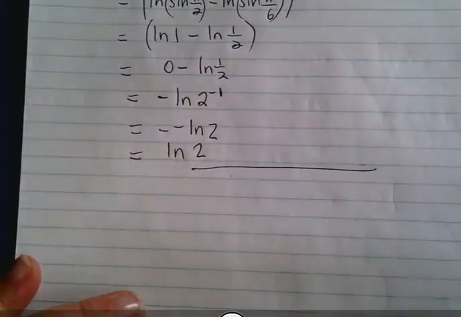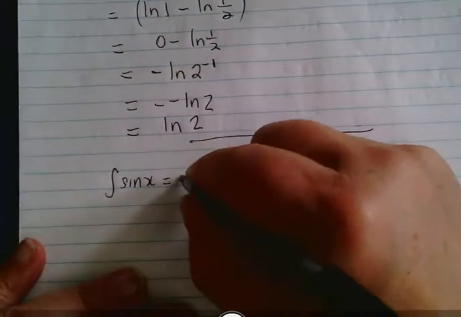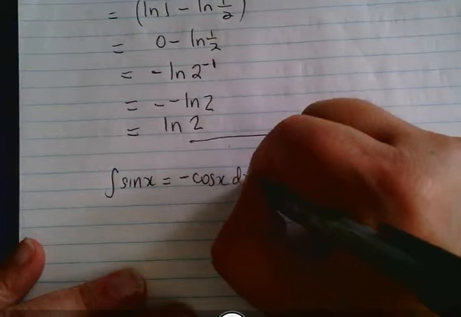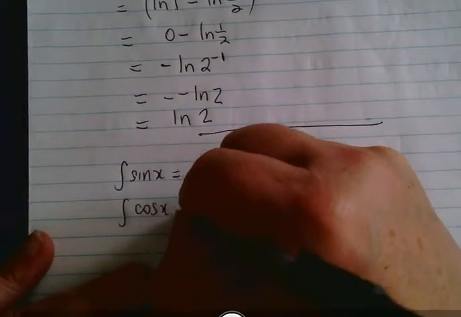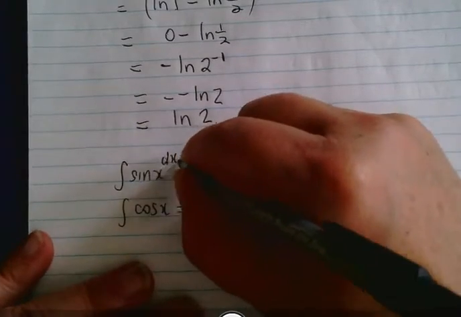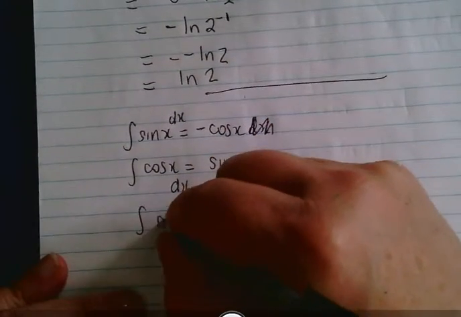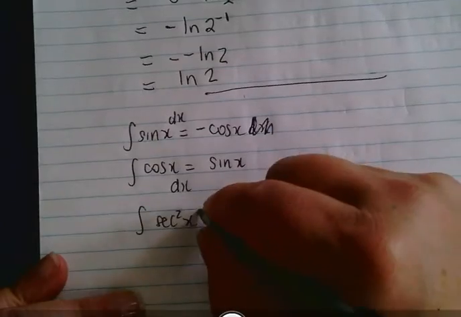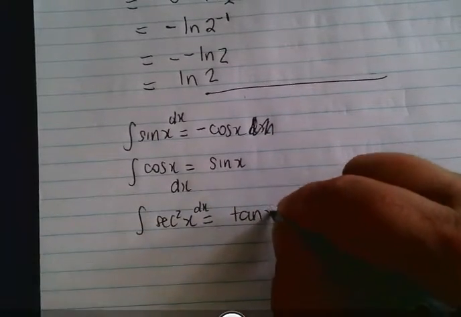So just an overview. We now know how to integrate sine x, and we get negative cos x. We know how to integrate cos x, we get sine x. Sorry. We know how to integrate sec squared x with respect to x, we get tan x.